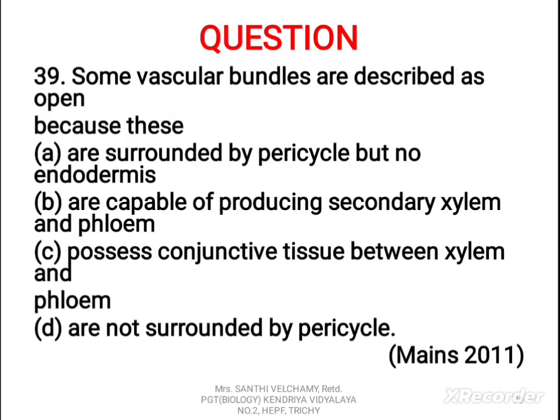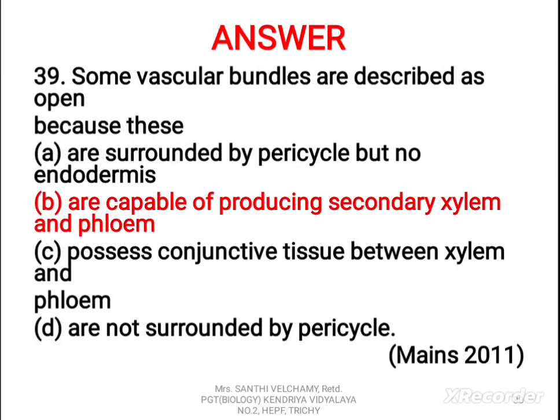Next one, 39. Some vascular bundles are described as open because these A. are surrounded by pericycle but no endodermis, B. are capable of producing secondary xylem and phloem, C. possess conjunctive tissue between xylem and phloem, D. are not surrounded by pericycle.